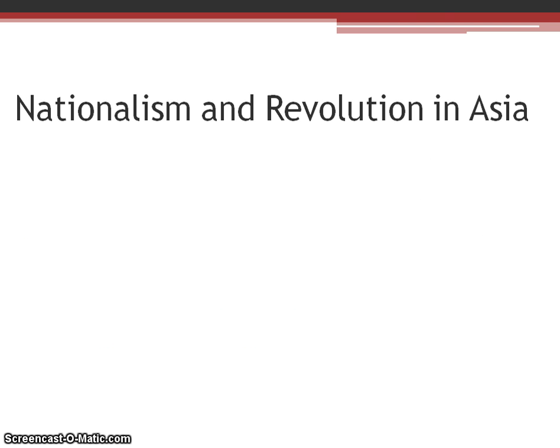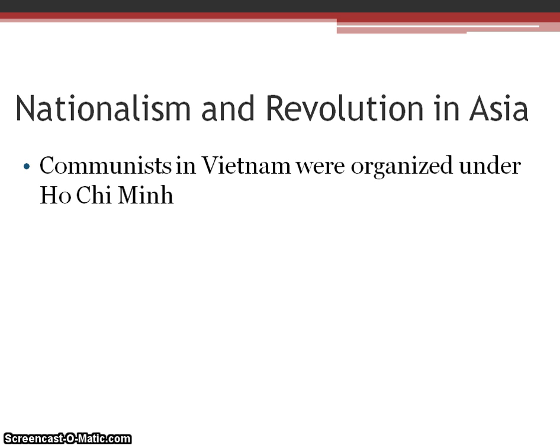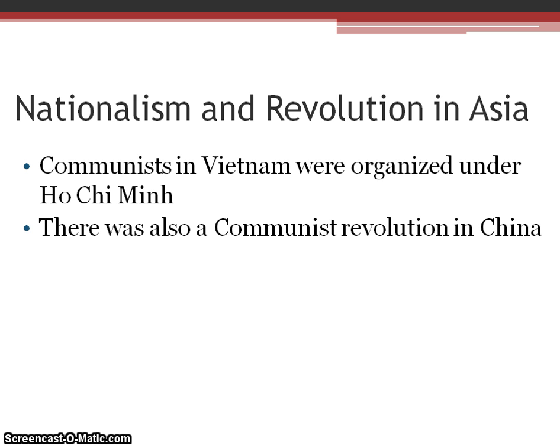Lastly, then this is just very, very brief. We see nationalism and revolution rising up in other parts of Asia. For example, the communists in Vietnam are under the control and leadership of Ho Chi Minh. And there's also, as we've studied, and we're going to look at it again, the communist revolution going on in China.